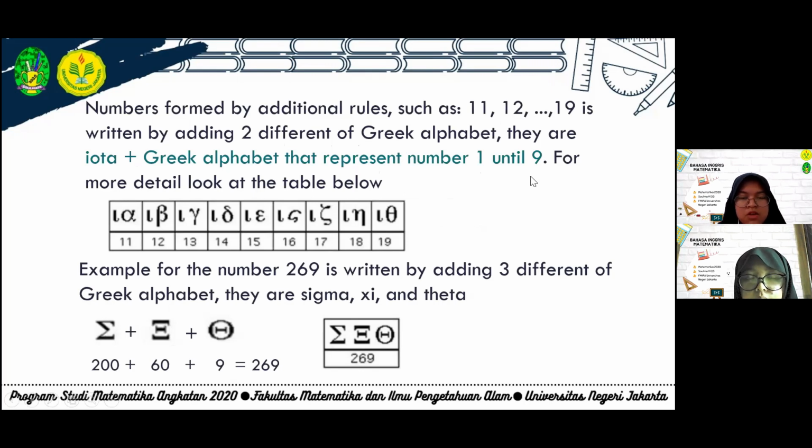Numbers 11 until 19 are represented by iota added to the Greek alphabet that represents numbers 1 until 9. For example, the number 269 is written by adding 3 different Greek alphabets. They are sigma, chi, and theta. Sigma represents number 200, chi represents number 60, and theta represents number 9.